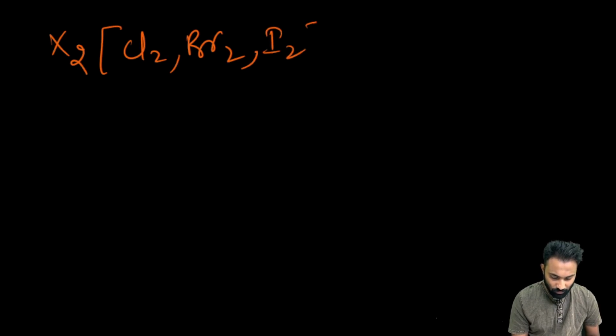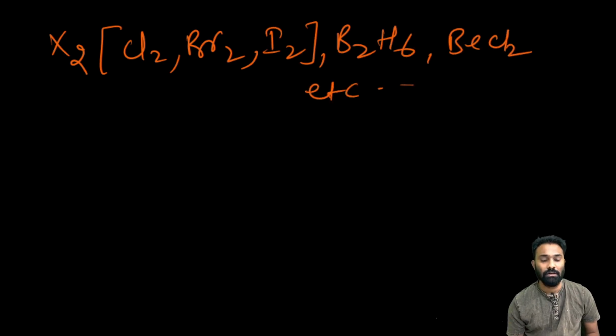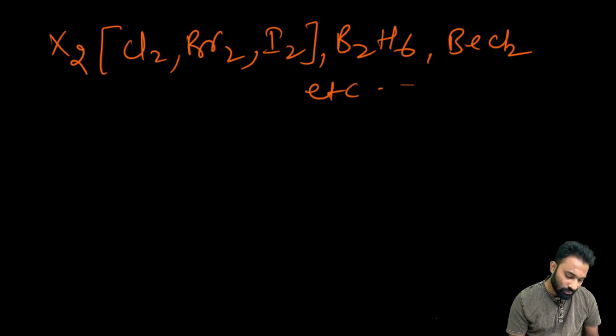Next we have X2: Cl2, Br2, I2, and diborane B2H6, BeCl2, etc. These are the examples of Lewis acids. Sir, you may get a doubt.